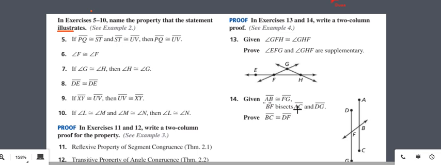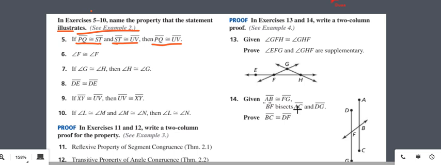If segment PQ is congruent to segment ST, and segment ST is congruent to UV, these are the two conditional statements. If these two are satisfied, then segment PQ is congruent to UV.